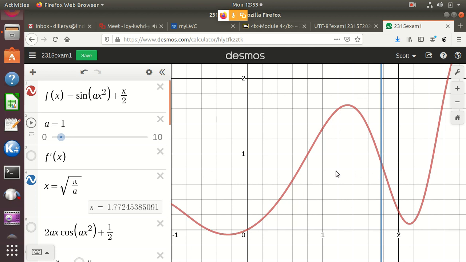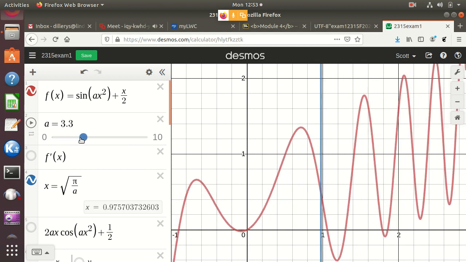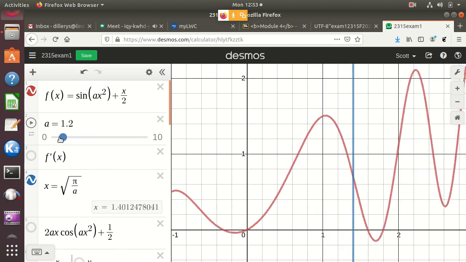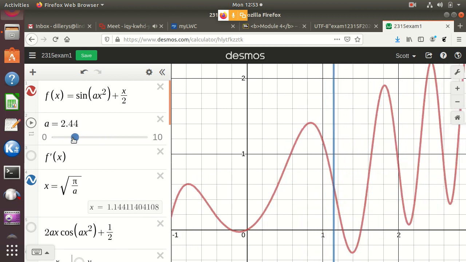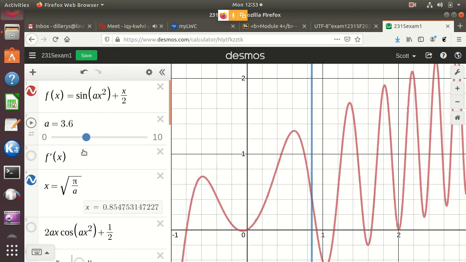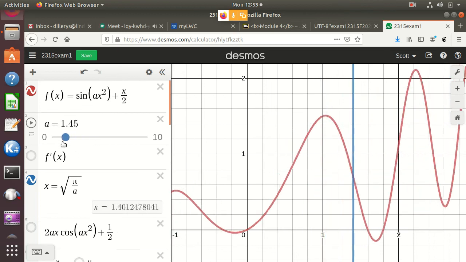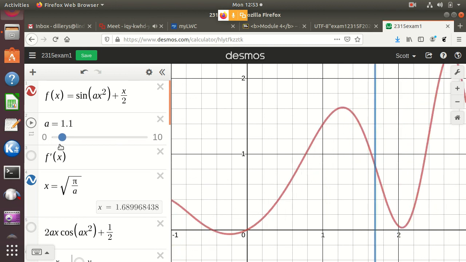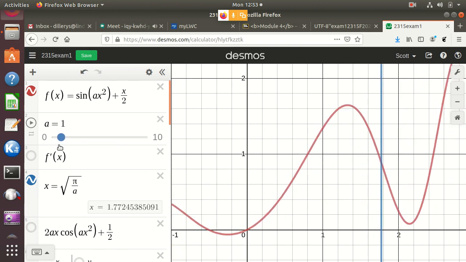Graphically, I set this up so I could just kind of look. A couple of you mentioned this: when I change a, if a gets bigger than 1, it squeezes everything in. If a gets smaller than 1, it expands everything out. But the picture pretty much always looks the same.